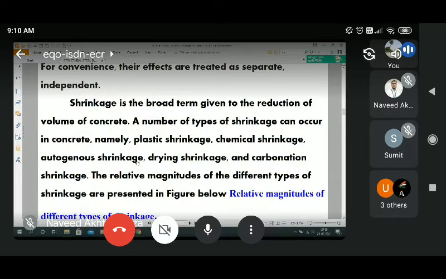That may be plastic shrinkage, chemical shrinkage, drying shrinkage, and carbonation shrinkage. The relative magnitudes of the different types of shrinkages are presented in the next slide.